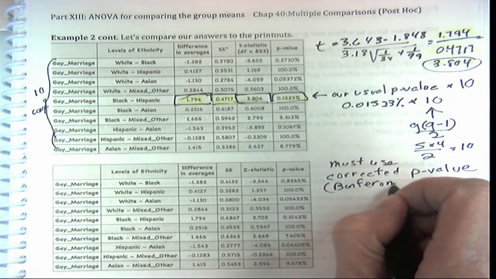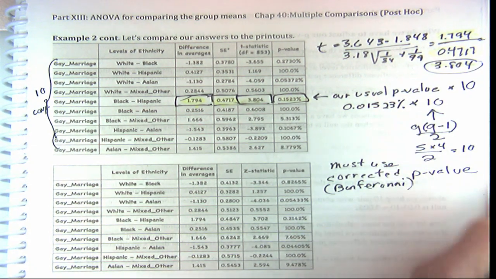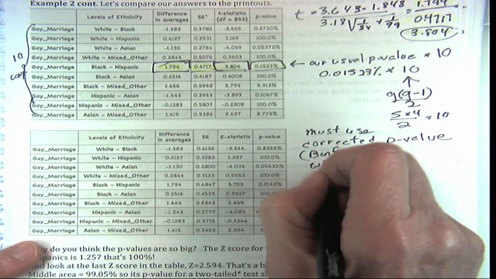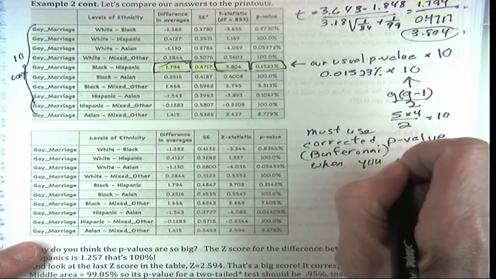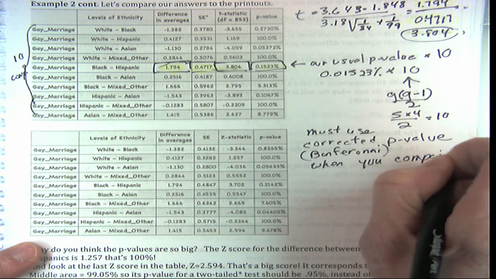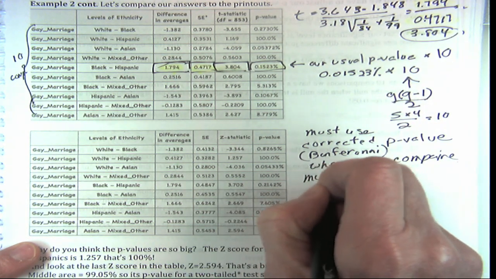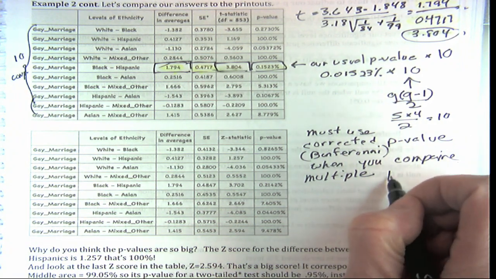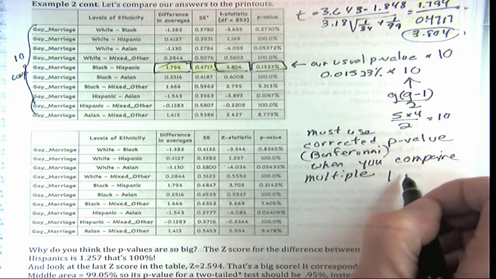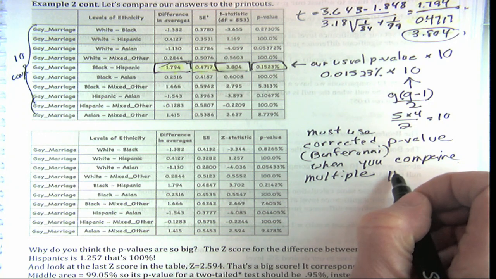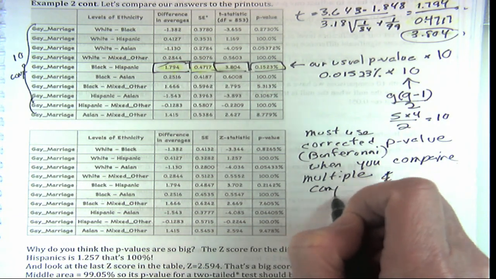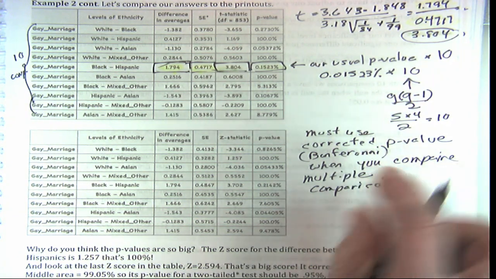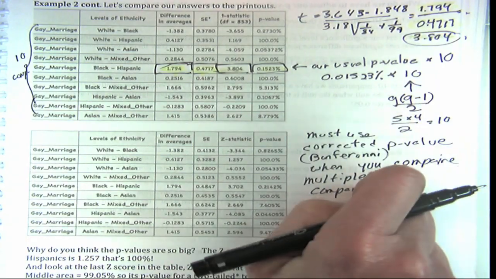When you make multiple pairwise comparisons, you have to multiply the p-value by the number of comparisons. So let's read about that and why.